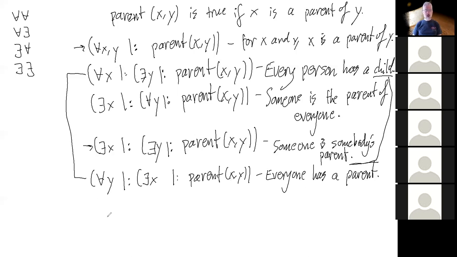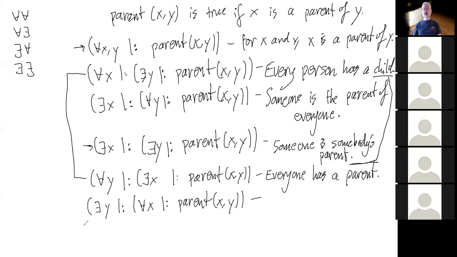Okay. And then if we take this guy here and we change the X and the Y, we have exists Y for all X, parent XY. So what is this one telling us? It's a weird one. Anybody? Is it saying like there exists some child whose parent is everyone?